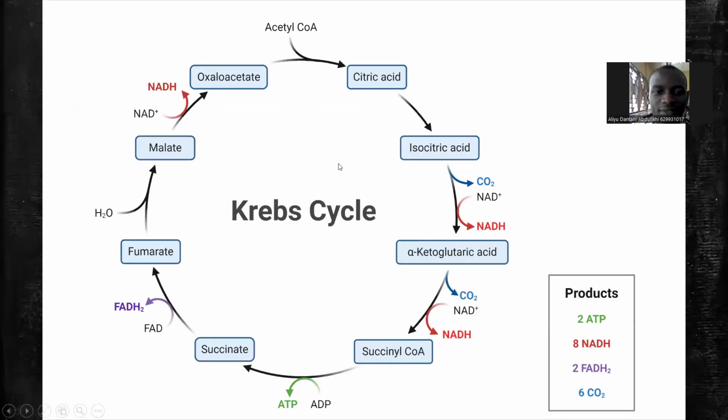Okay, so look at the Krebs cycle. It's a very, very beautiful cycle. Okay, so acetyl-CoA condenses with oxaloacetate here to produce citric acid. Citric acid is converted to, there's the enzyme that does this.